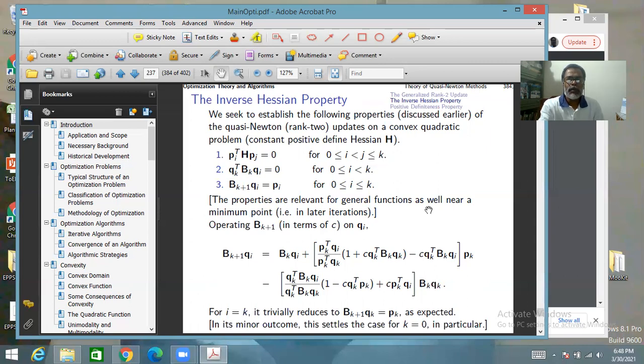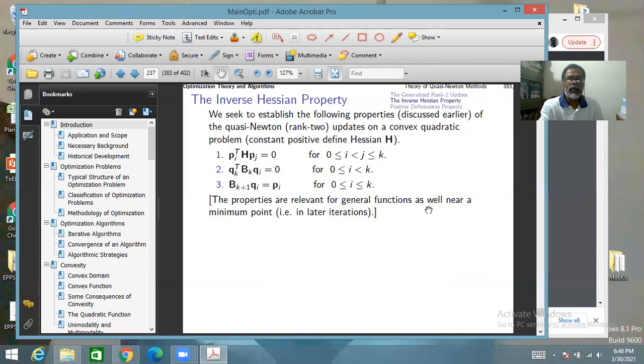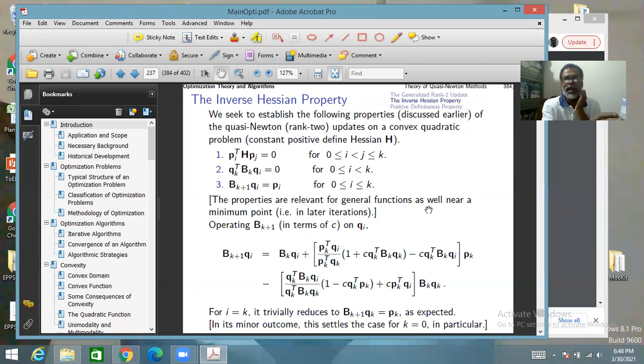As you just multiply with qi, you get Bk qi, and the other things you can reorganize a little so that qi does not have to sit inside. When you have a term like pk transpose in the matrix and you multiply it with qi on the right side, then pk transpose qi becomes a scalar, which has been put here, and the first pk remains as the vector component of it, so that has been put outside.